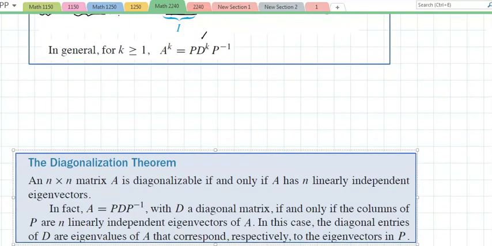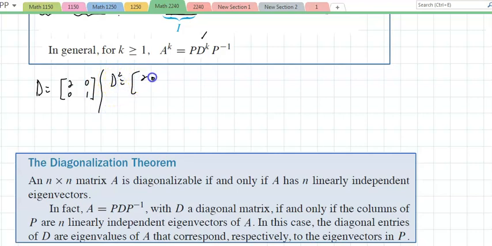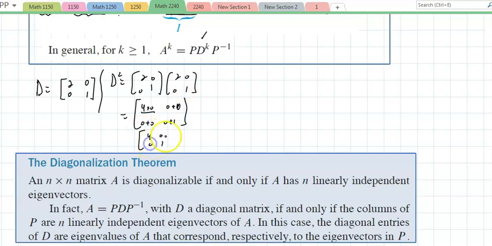Let me demonstrate. If I say a diagonal matrix is, I don't know, [2, 0; 0, 1]. If I take D squared, that's simply [2, 0; 0, 1] times [2, 0; 0, 1]. You'll notice that that's going to be 2 times 2, that's 4 plus 0, 0 plus 0, and 0 plus 0, and 0 plus 1. That's going to be [4, 0; 0, 1].